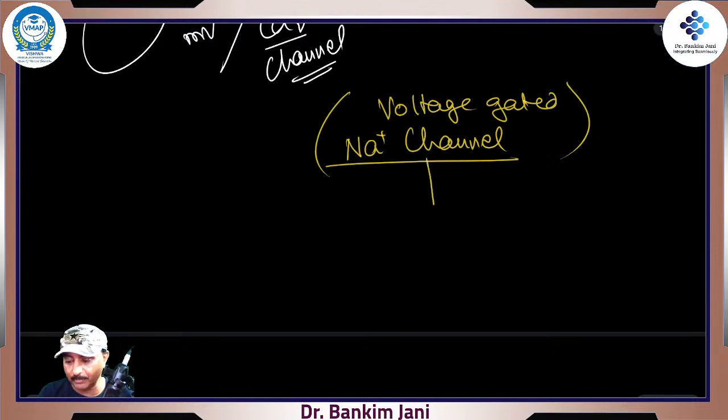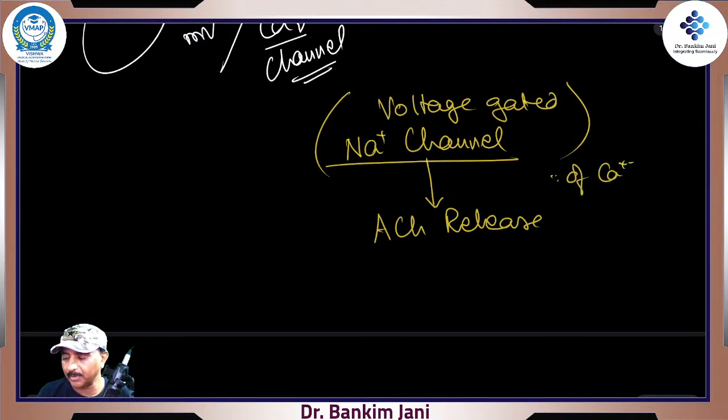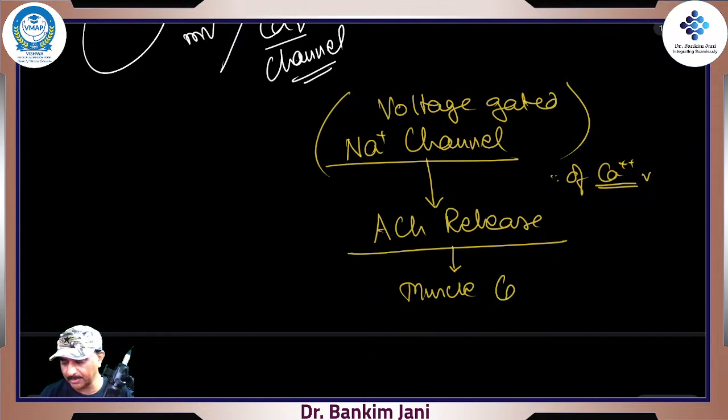Because voltage gated channels led to acetylcholine release, through calcium, as the voltage gated calcium channels were triggered. And that acetylcholine leads to muscle contraction and all the processes. What if we block this?